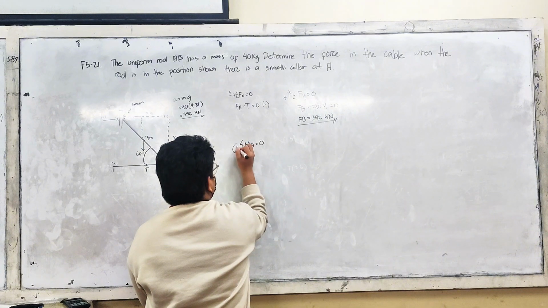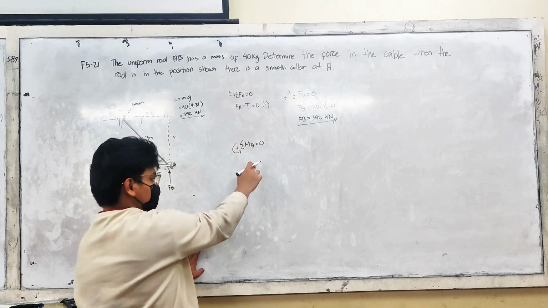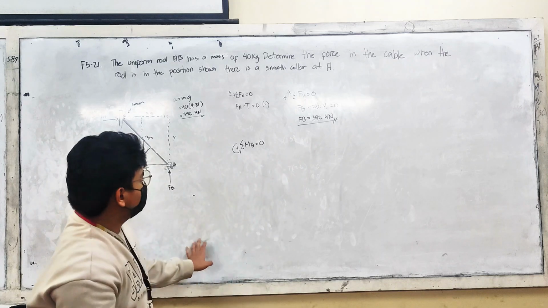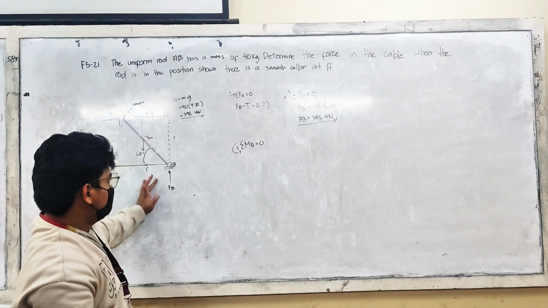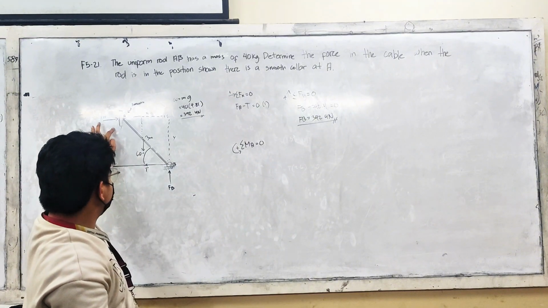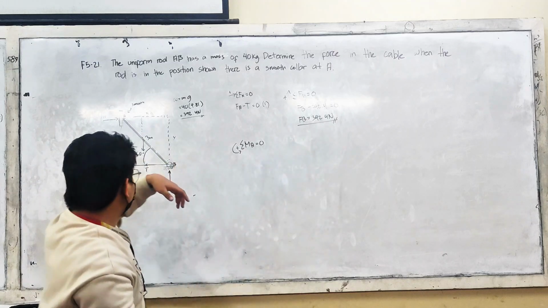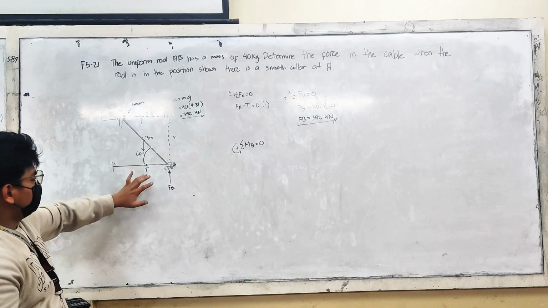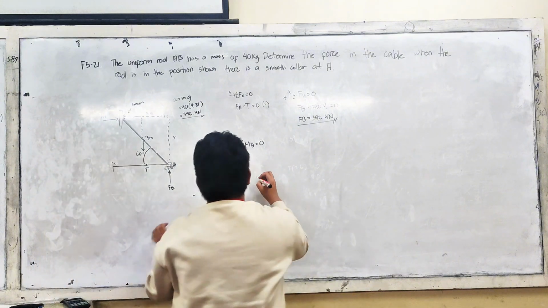Here we assume that if it goes counterclockwise, it's going to become positive. So why do we take the moment at A and not at point B? We take the moment at point A since FB now has a value, so we're going to find our tension. So moment A is equal to 0.